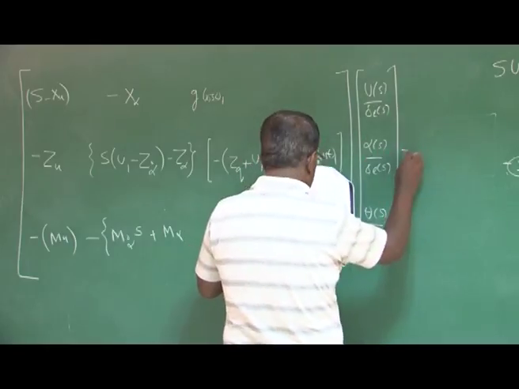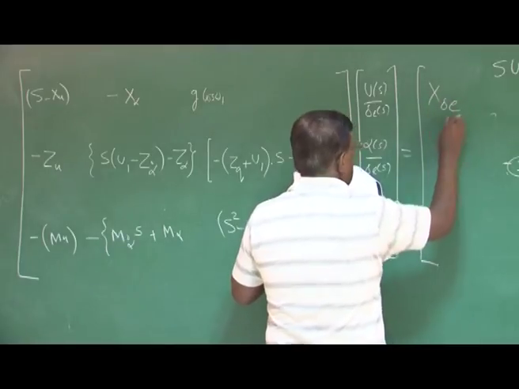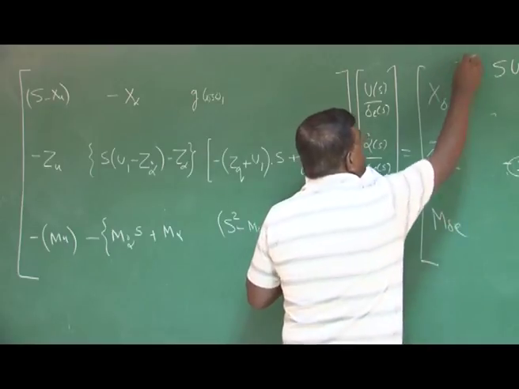This is equal to x delta E, z delta E, m delta E. Matter is closed.